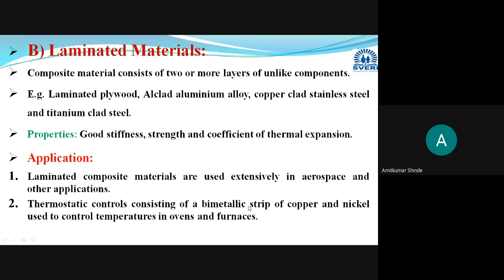Then it can also be used in the aerospace industry, or simply the aircraft industry. Lots of composite materials are largely used in the aircraft industry because they provide the desired strength with much lesser weight as compared to other materials.